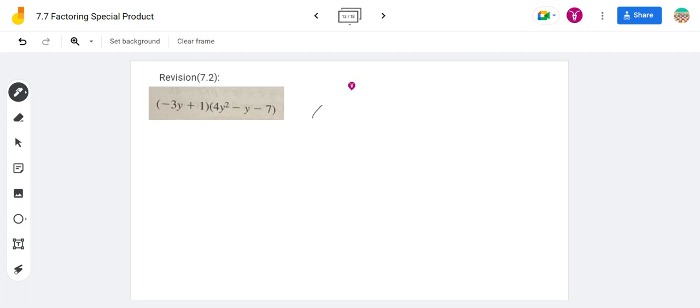So I guess it is a small revision for the part of 7.2. So we expand this product to the power 3.